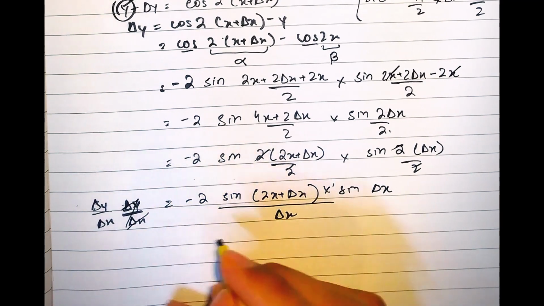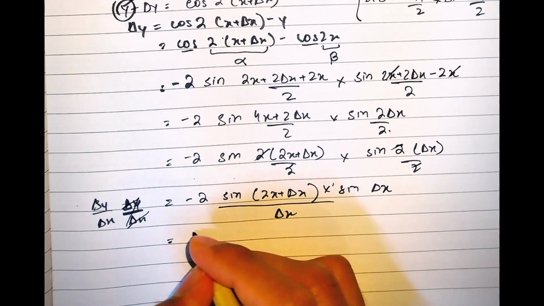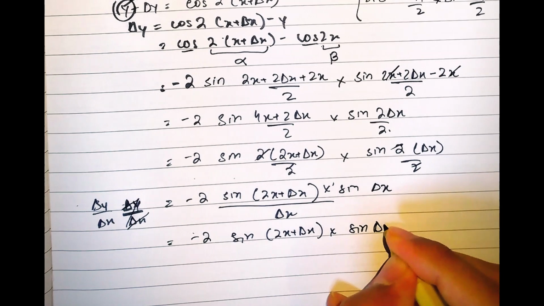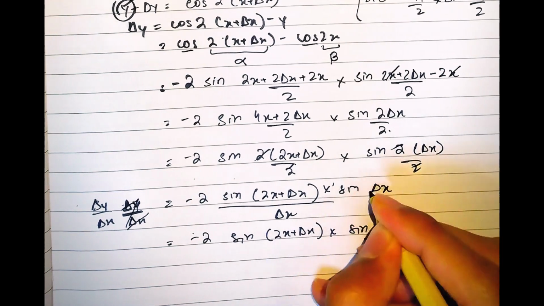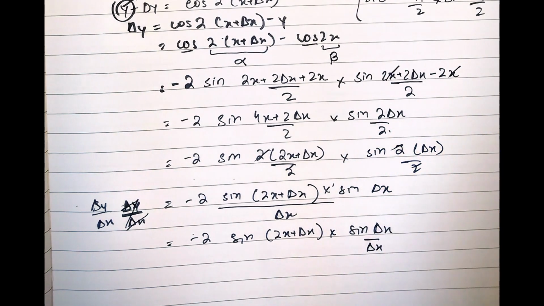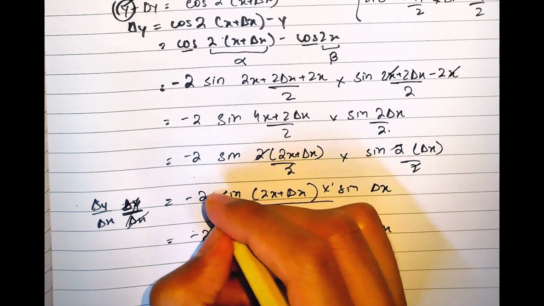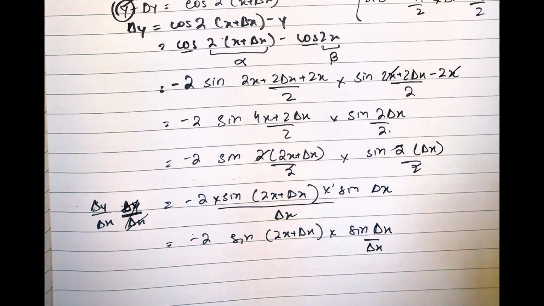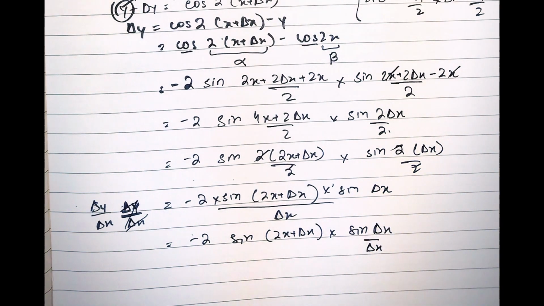Before applying the limit, I can write this as negative 2 sine(2x plus delta x) multiplied by sine delta x divided by delta x. I can put delta x beneath any of these terms because these terms are being multiplied. But why specifically sine delta x?